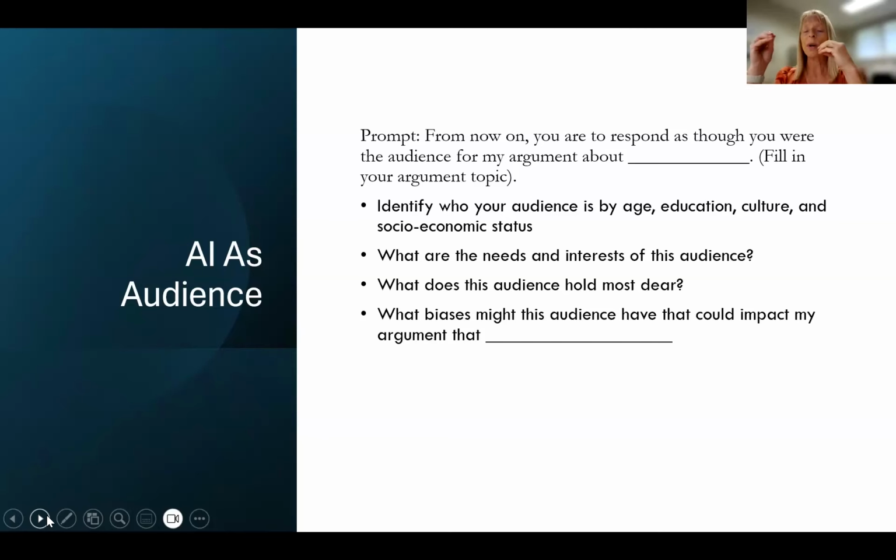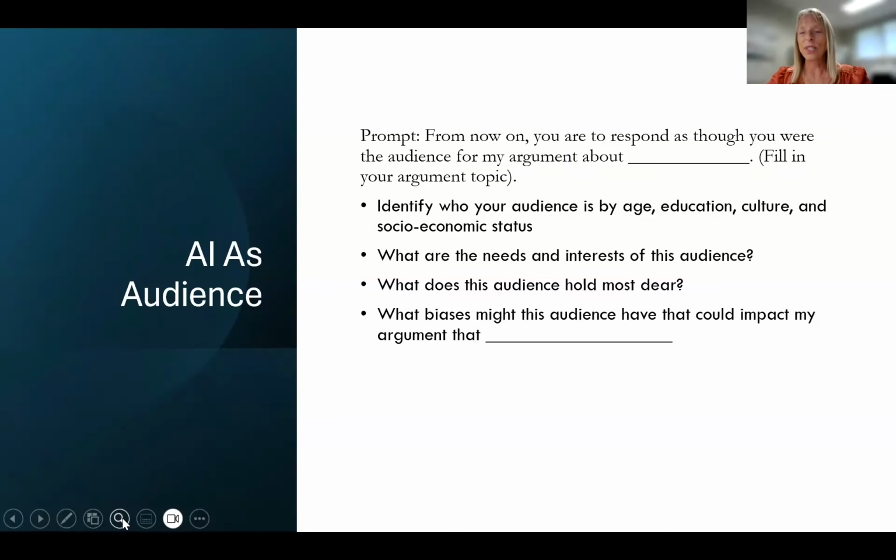And then as you write additional prompts, you then just say, "I want you as my audience. You are in this age group, and you have this much education, and you're from this background, and this is about what your yearly income is," and then knowing that is identifying my audience.